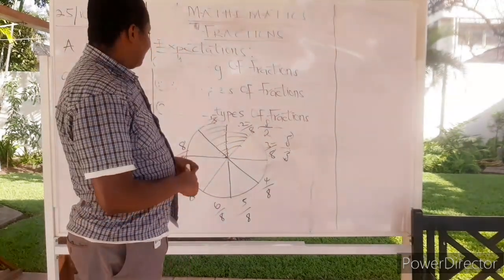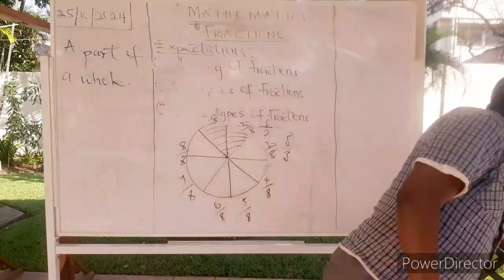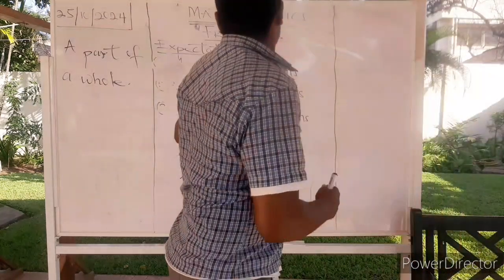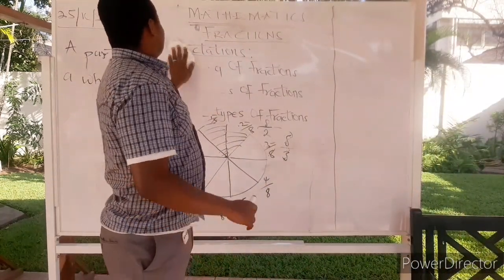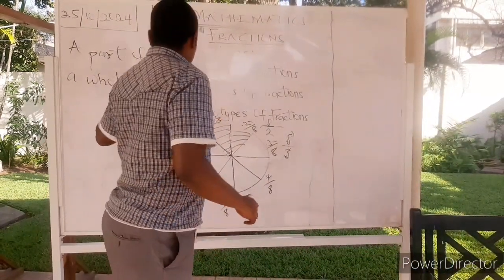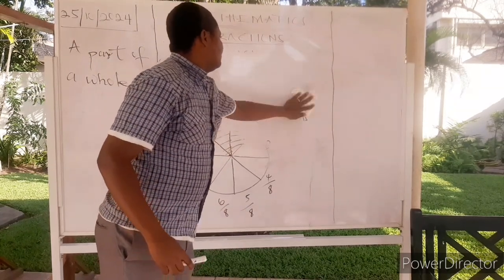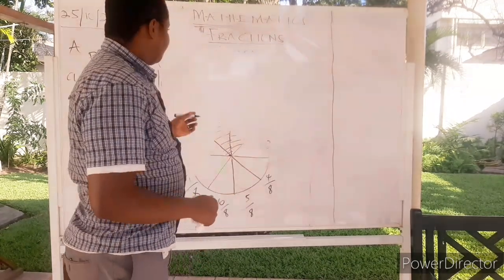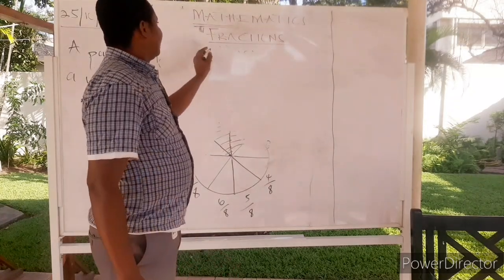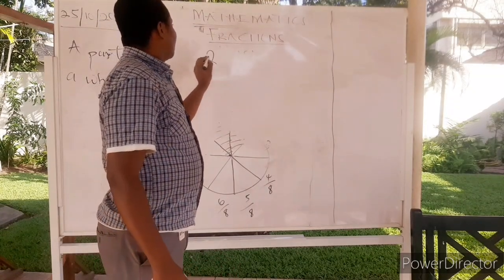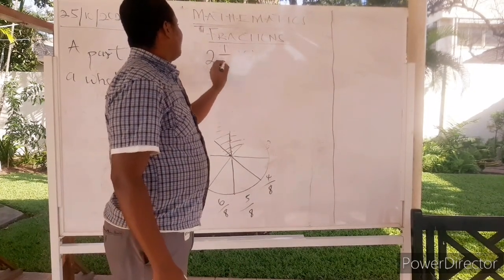Let's look at an example of mixed fractions. For mixed fractions, we have, let's say, 2 whole number, 1 over 5.